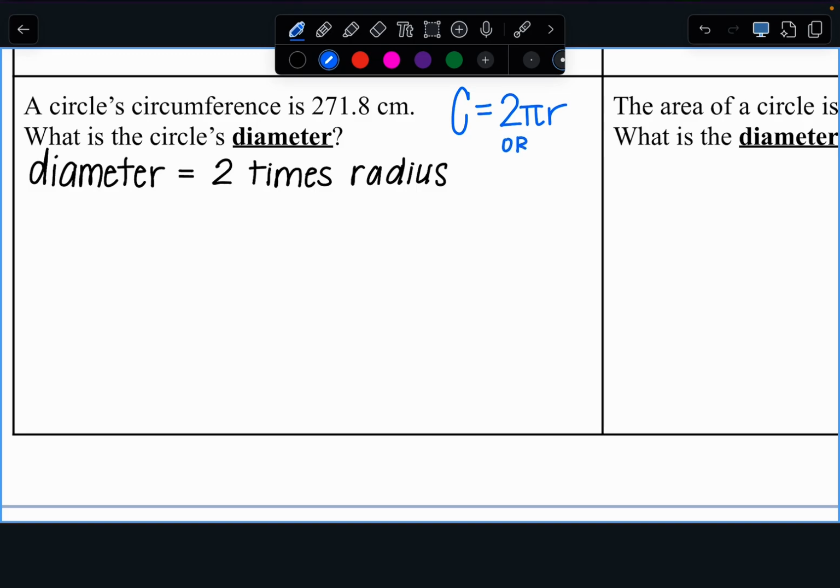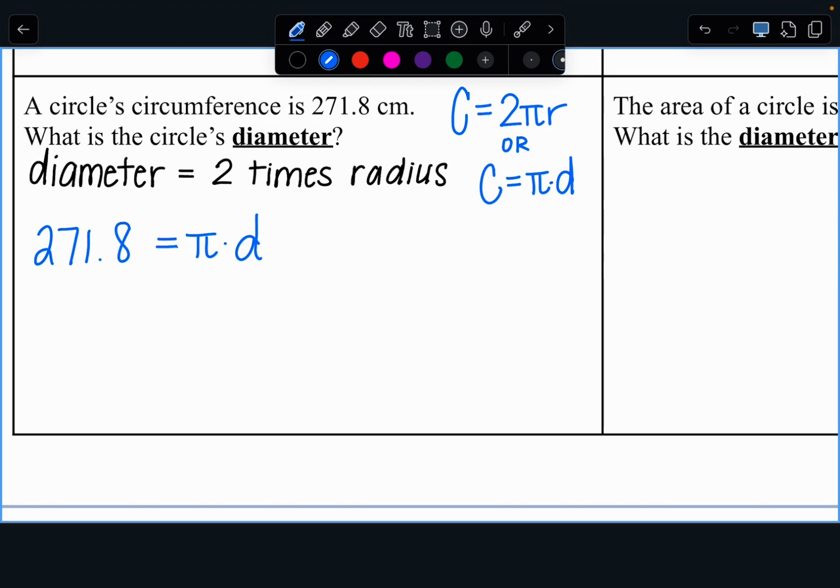Or circumference is equal to pi times your diameter. 271.8 is equal to pi times your diameter.